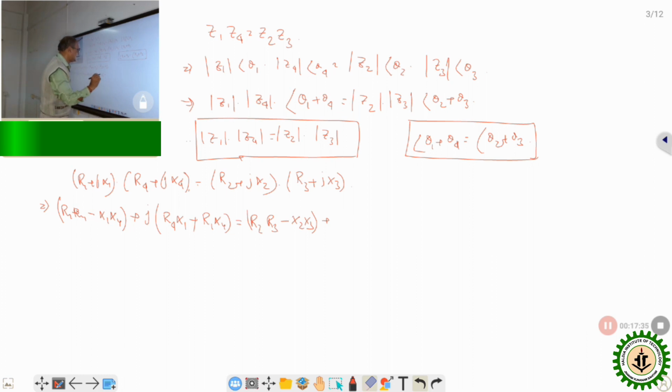plus j (X2 R3 plus R2 X3). Now separating the real part and imaginary part.